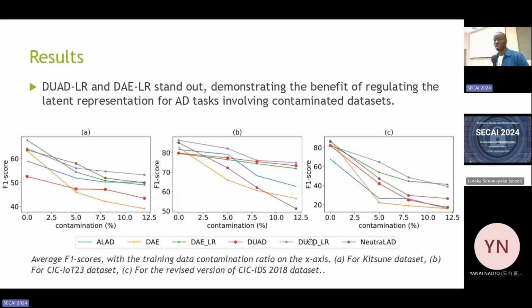Using the trick that we propose and the dual error that implements the constrained latent representation, they are still performing at the top, but the F1 score is really dropping as we augment the contamination ratio in the data set. So this shows that this problem remains important and needs to be solved. The constrained representation helps to still perform better, but overall the performance is dropping.